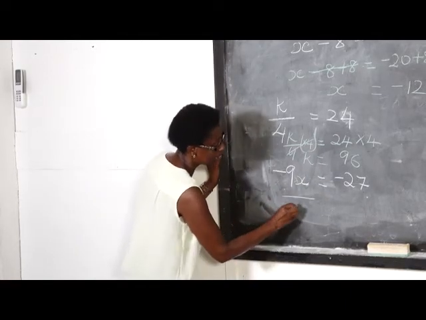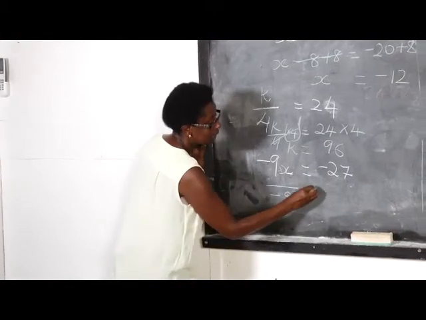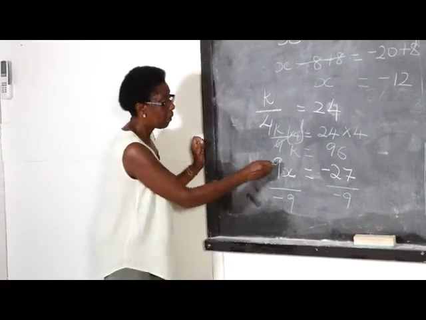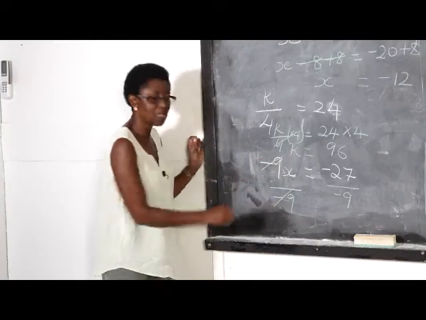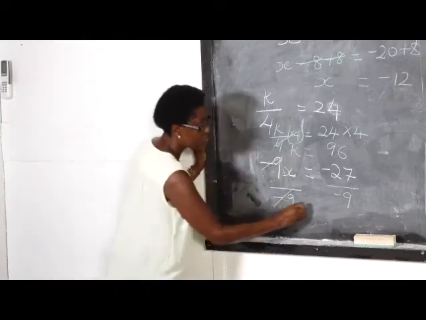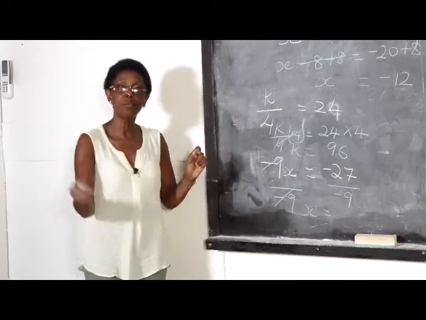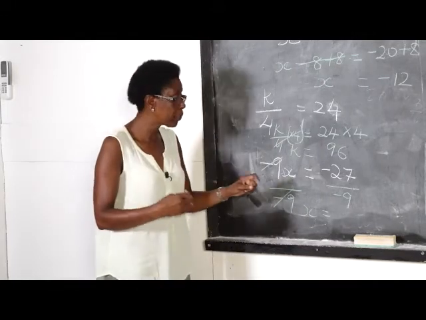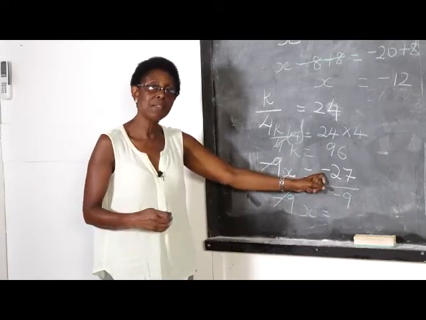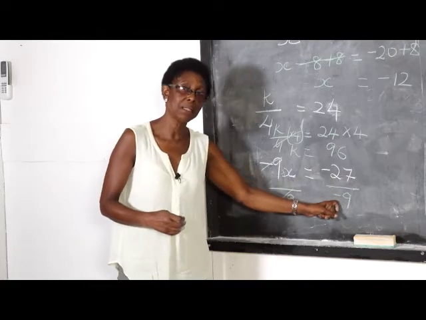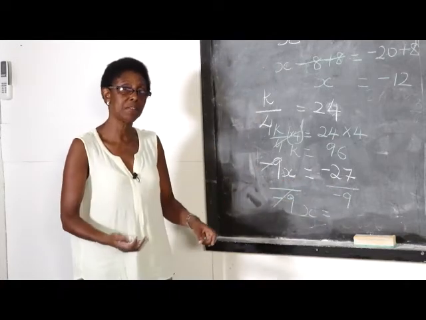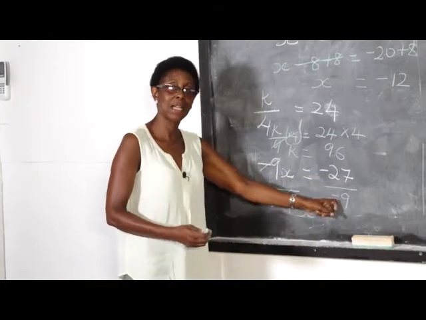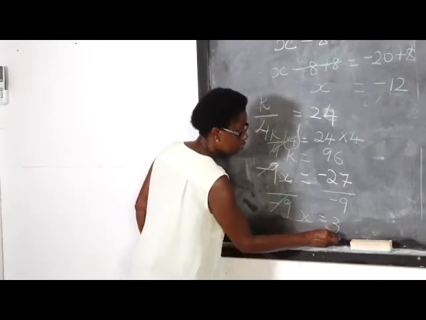So on that side, I divide by minus 9, and on that side, I divide by minus 9. Now, minus 9 divided by minus 9, these two go, and I've got x equal. Now, remember, you need to be very good at your negative and positive. If you've got an issue, you need to be practicing those. So a negative number divided by a negative number gives you a positive answer. So minus 27 divided by minus 9 would give you a plus 3.